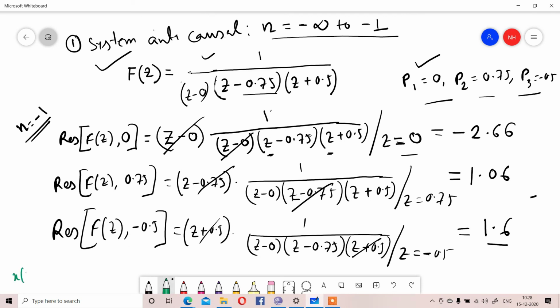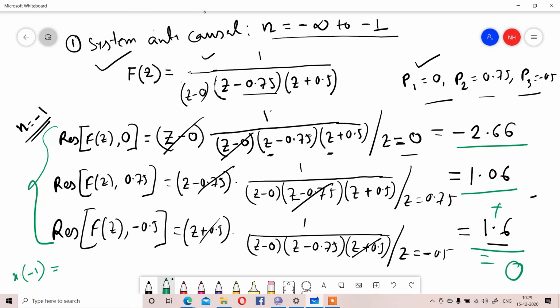So x(n) will be what? Addition of these three residues. As n equal to minus 1, obviously the value of x(minus 1) will be addition of these three residues, and if you add up, you can see minus 2.66 plus 1.06 plus 1.6, it will give you 0.